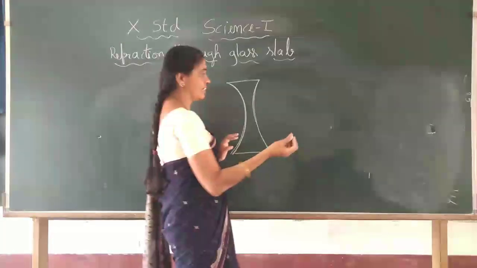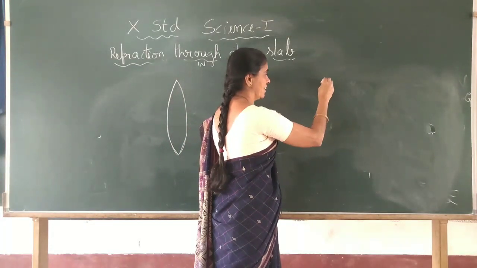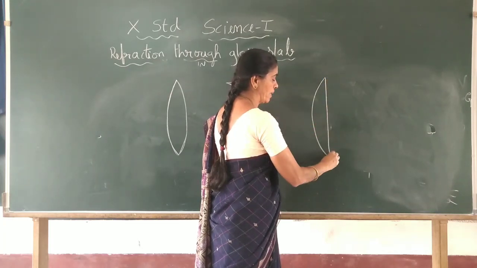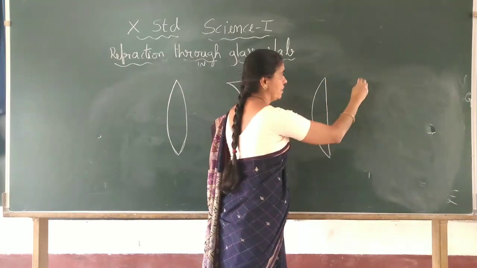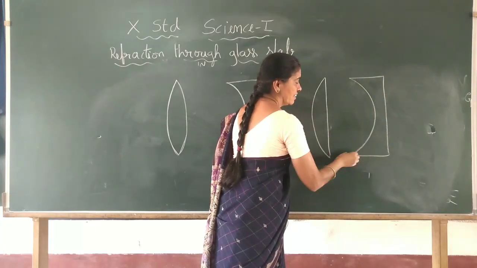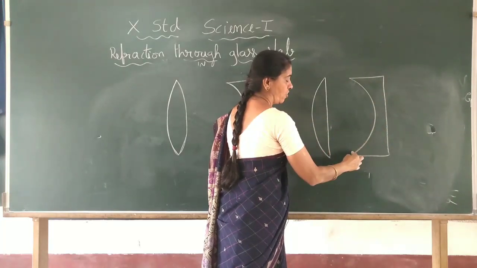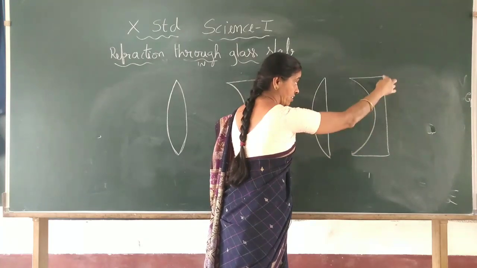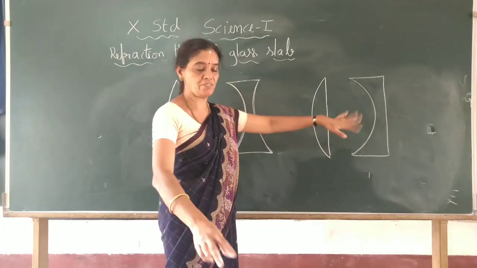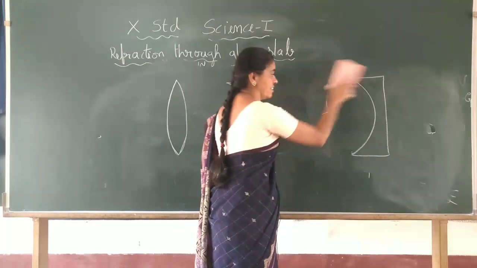There are other lenses also, which we are not studying. Only one side may be bulged outside and the other side plane, or one side concave, cave-like, and the other side plane. This type of lens we are not studying in this class.